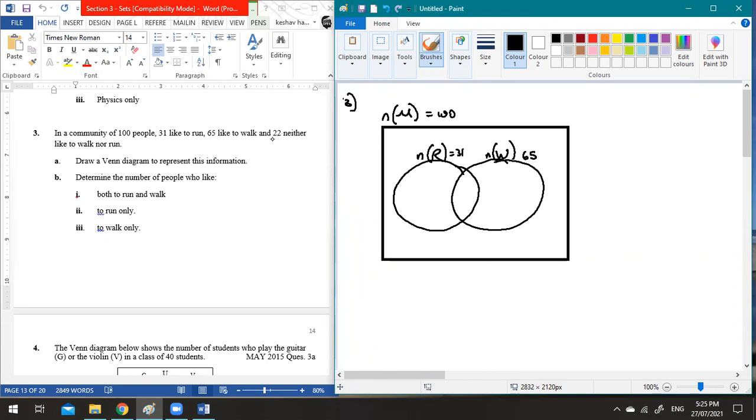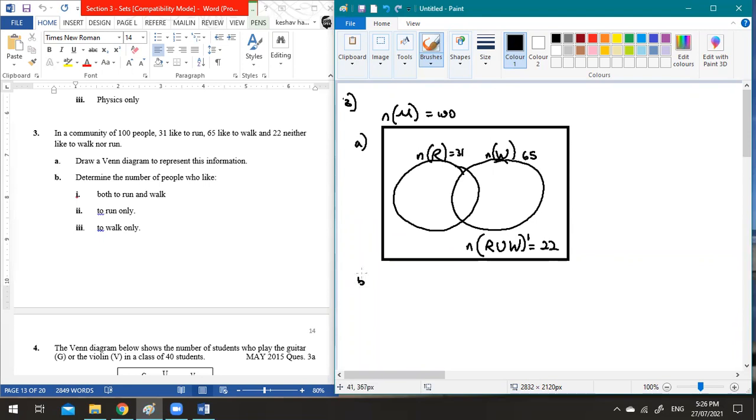And the number of people who like neither, so who are not in the group, right? Remember, if you're not in the group, you would not be included in the union between running and walking. So you'll be in the complement. So the number of people in the complement is 22. Right? So this is a basic diagram.